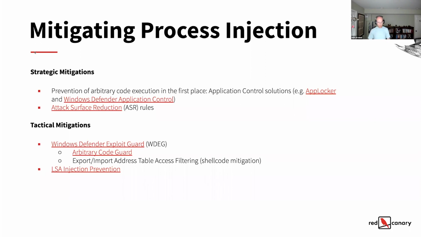So for those who may be interested in preventing a large array of attack techniques, you may consider configuring and deploying application control solutions like AppLocker or Windows Defender Application Control. It's not as hard as it may seem. I speak from a little bit of experience there.